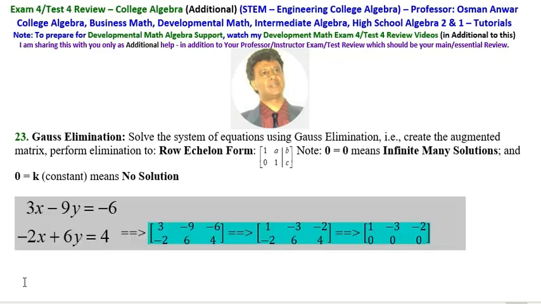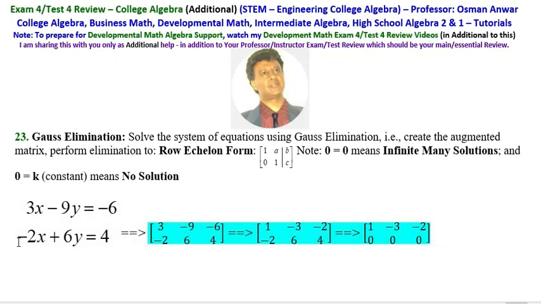So the system is 3x minus 9y equals minus 6, minus 2x plus 6y equals 4. And we're going to convert this to a matrix. For x you have 3, minus 2, for y minus 9, 6, augmented with minus 6, 4.